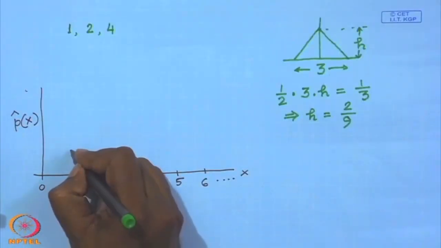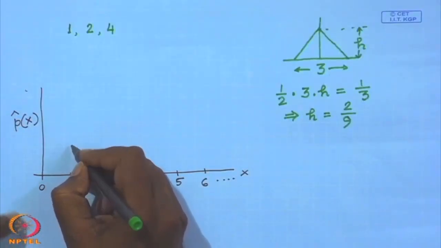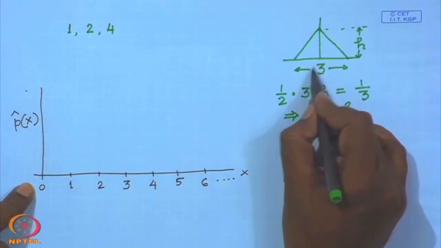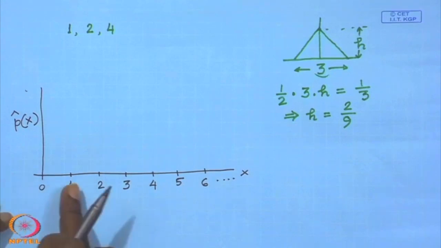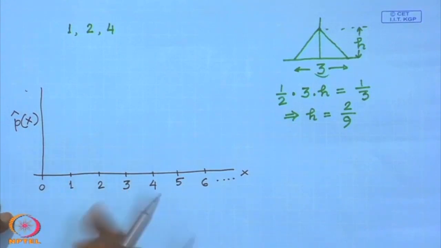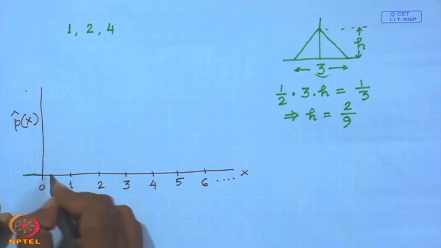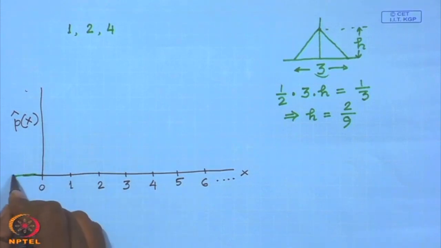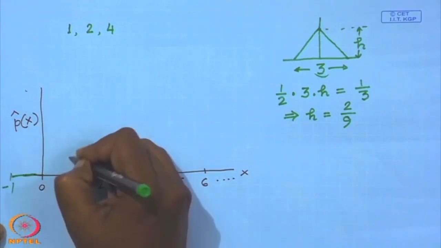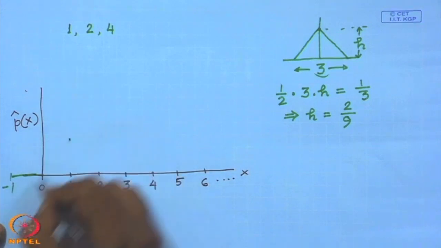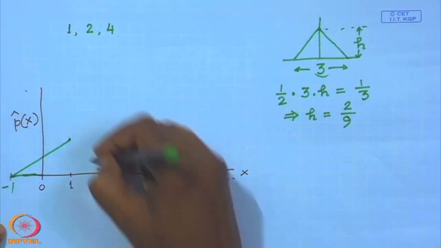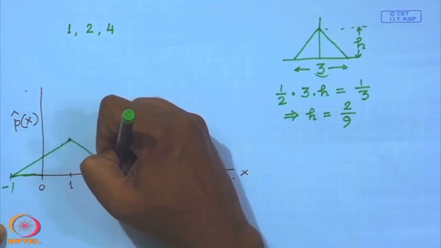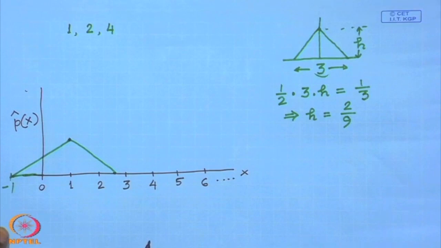At location x equal to 1, I put a triangular window and the width of the triangular window is 3. So, that means I will have 1.5 to the left side and 1.5 to the right side. So, it will be something like this. This is the triangular window placed at location 1.